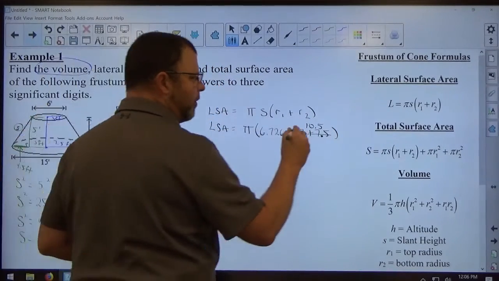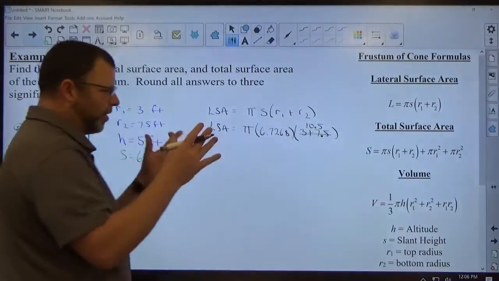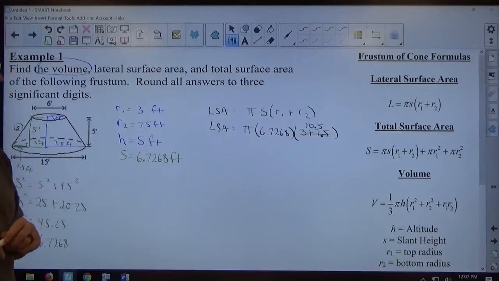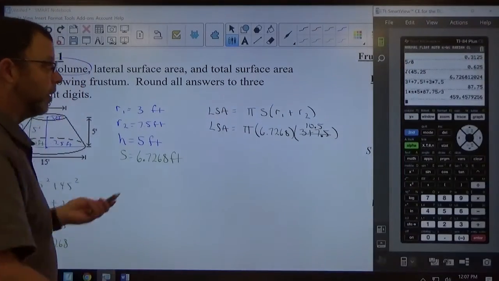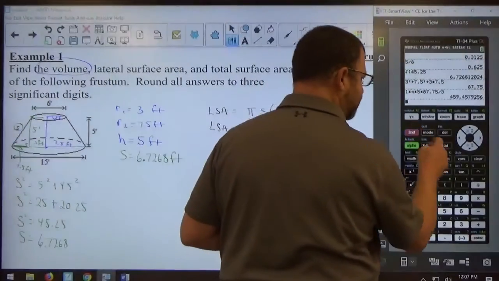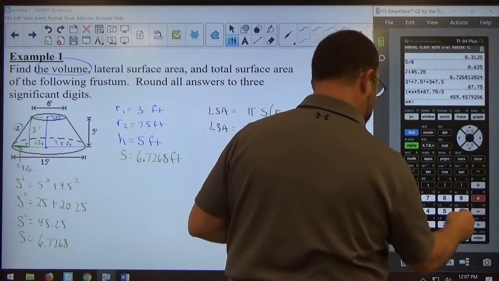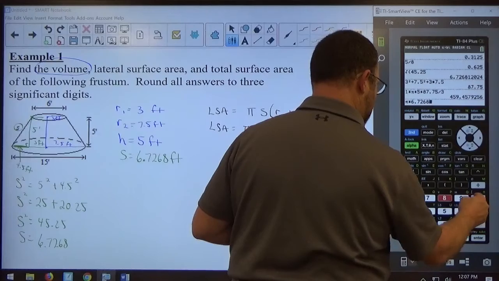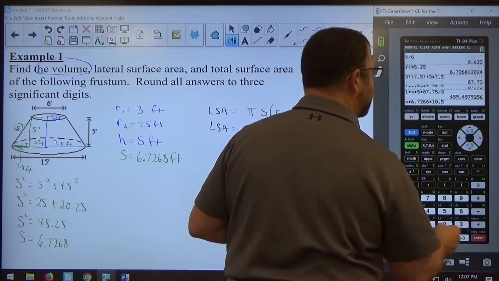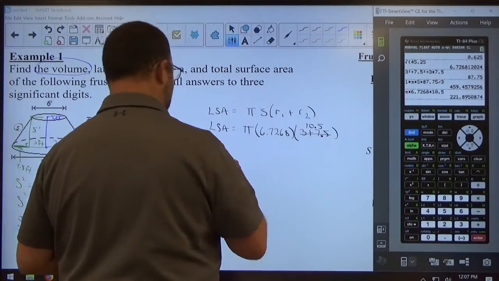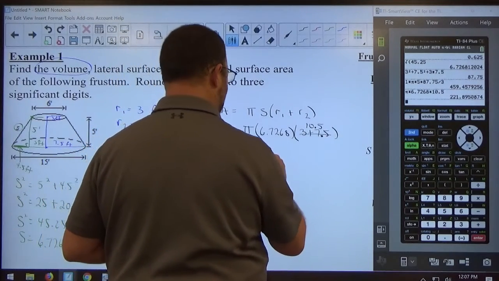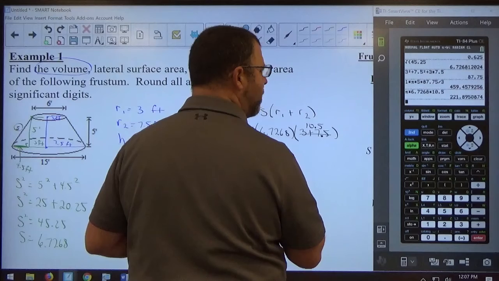Once again, I want to evaluate the parentheses object. I want single numbers here. Single number, single number, single number. So go ahead and add the 3 and 7.5 together. Then grab your calculator and just type it in. So pi times 6.7268 times 10.5 gets us a lateral surface area of 221.895084.